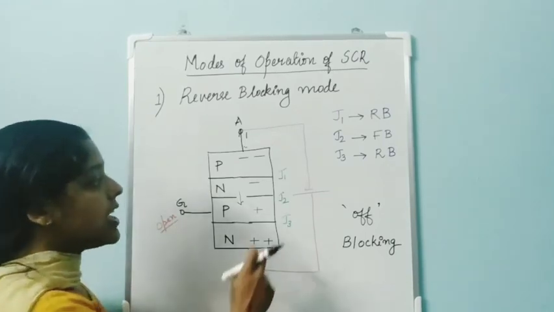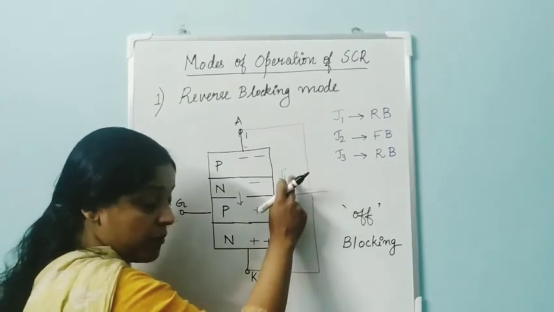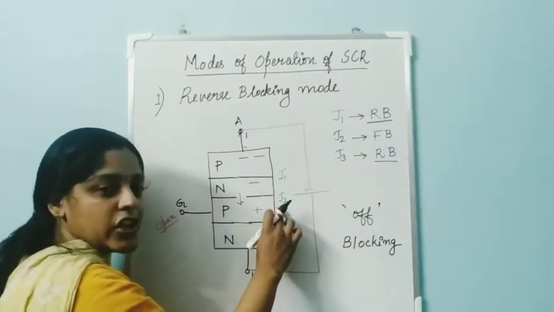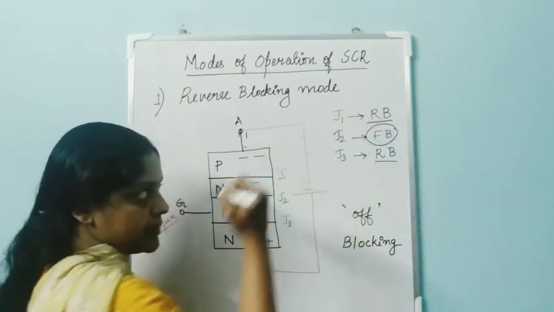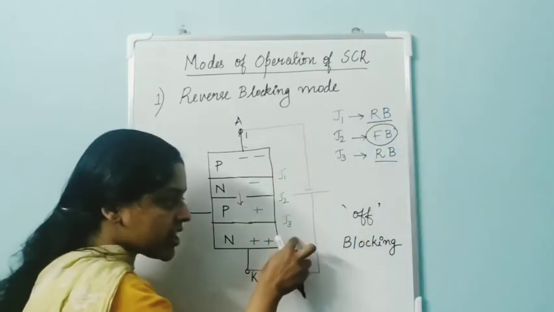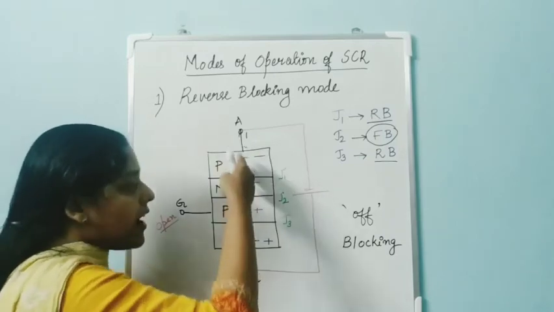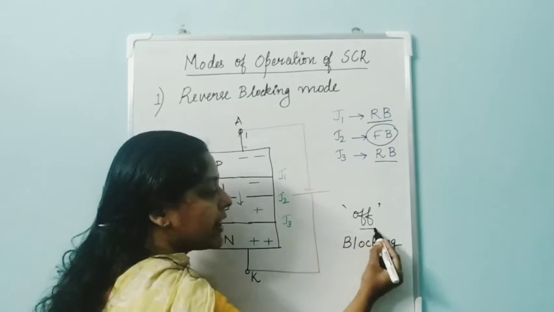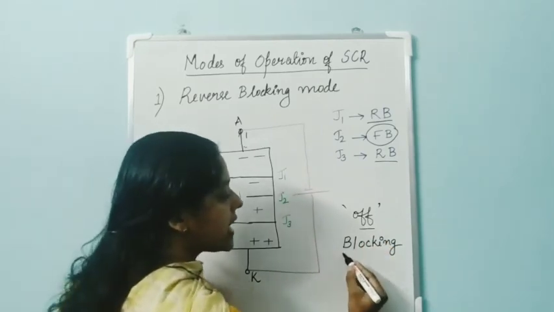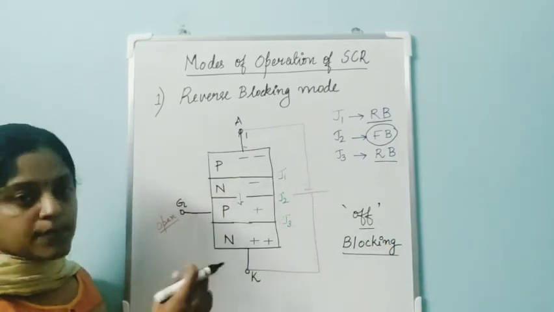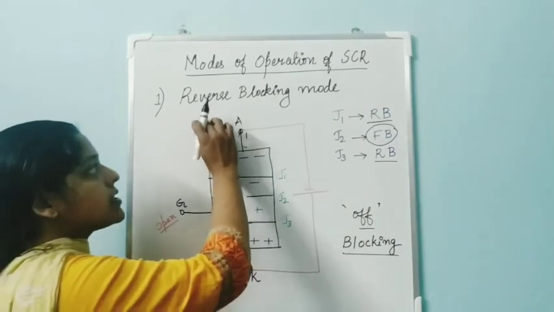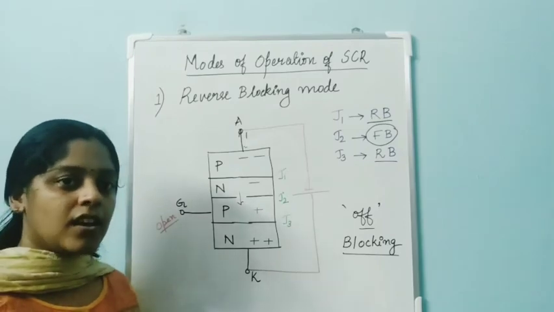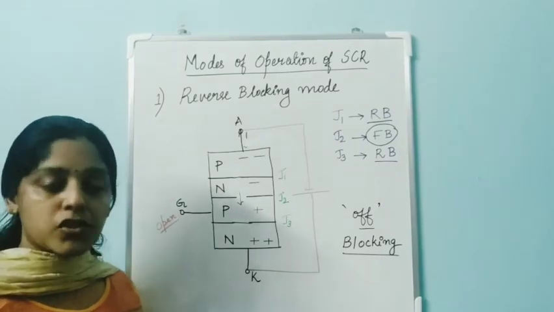Under this condition, junction J1 and junction J3 will be reverse biased and junction J2 will be forward biased. Since the junctions J1 and J3 are reverse biased, the device will not conduct, or the device will be under off condition, or we can say that the device is blocking. So this mode of operation is called reverse blocking mode. Is it okay? Okay, so this is the first mode of operation of an SCR.